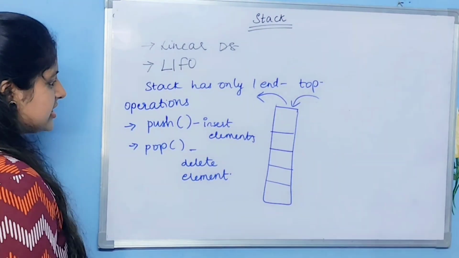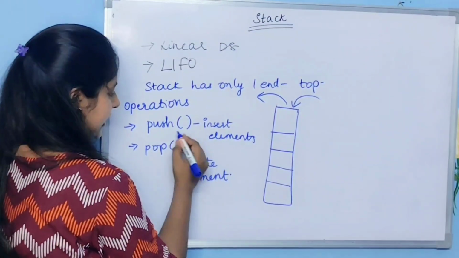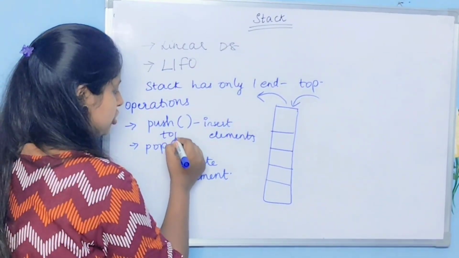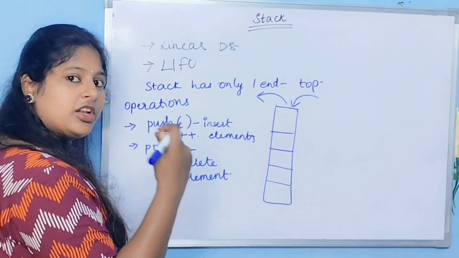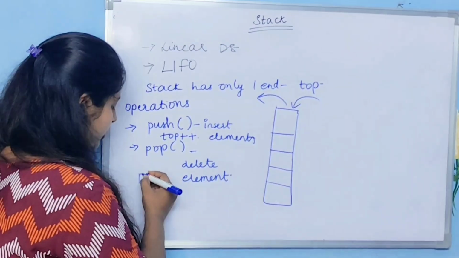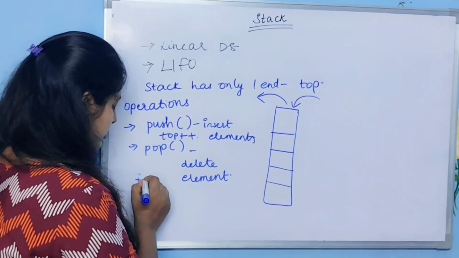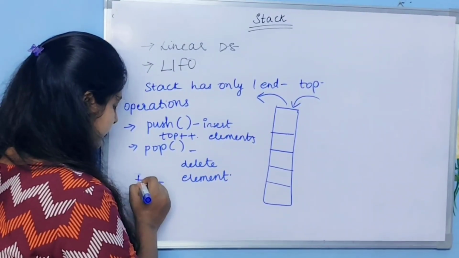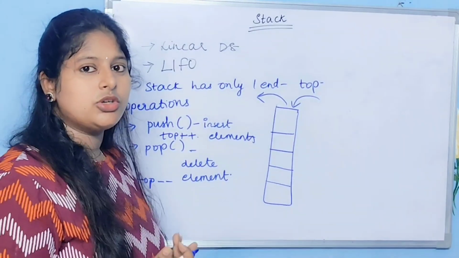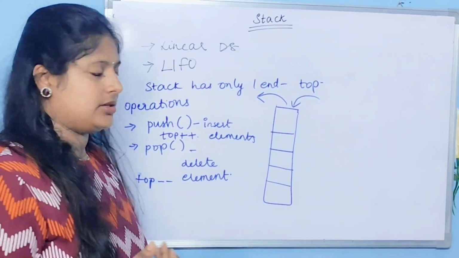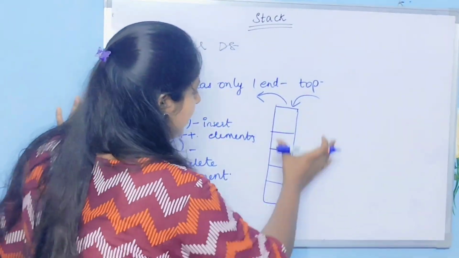Now, each time when you try to insert elements or when you try to push elements, top value is incremented. Each time when you pop an element, top value is decremented. Right? Okay. Now we'll see how to operate on stacks. So, what is my capacity?